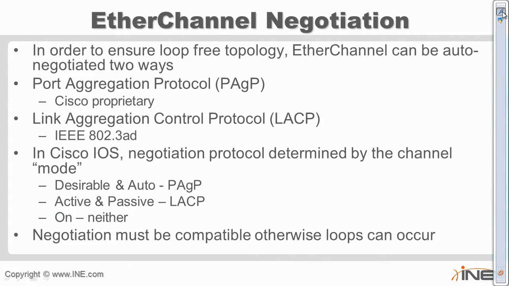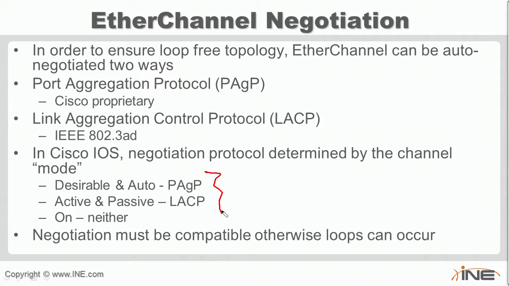So this is mainly what these negotiation protocols are trying to fix. Based on these negotiation parameters, it's going to know: is it valid to run the channel, or should it be disabled until you fix the configuration to make it compatible?